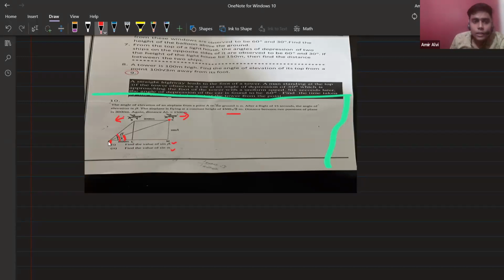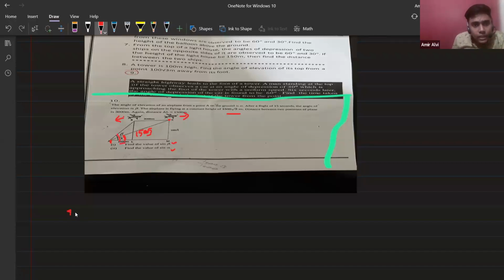First, I need sine beta. So this will be 1500 √3, yes or no, Karishma? Yes, sir, because it's parallel to this. And this is AL, given as 1500 meter.